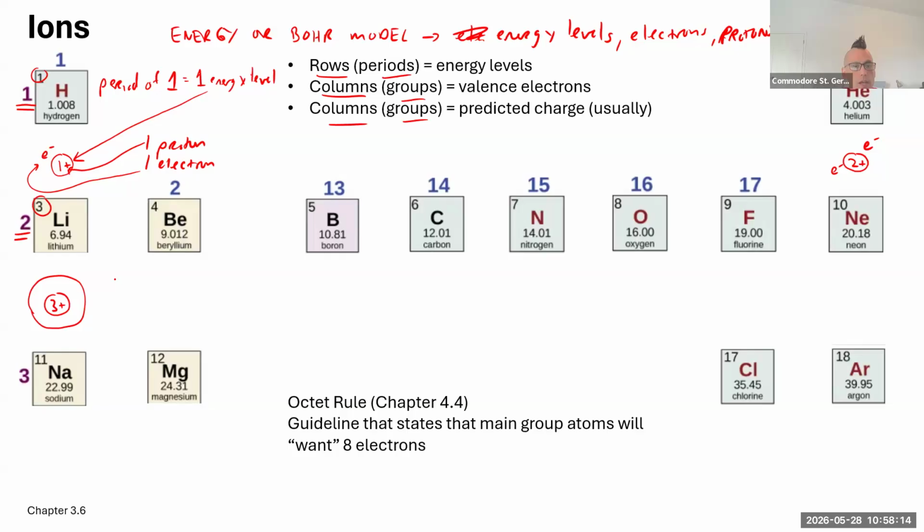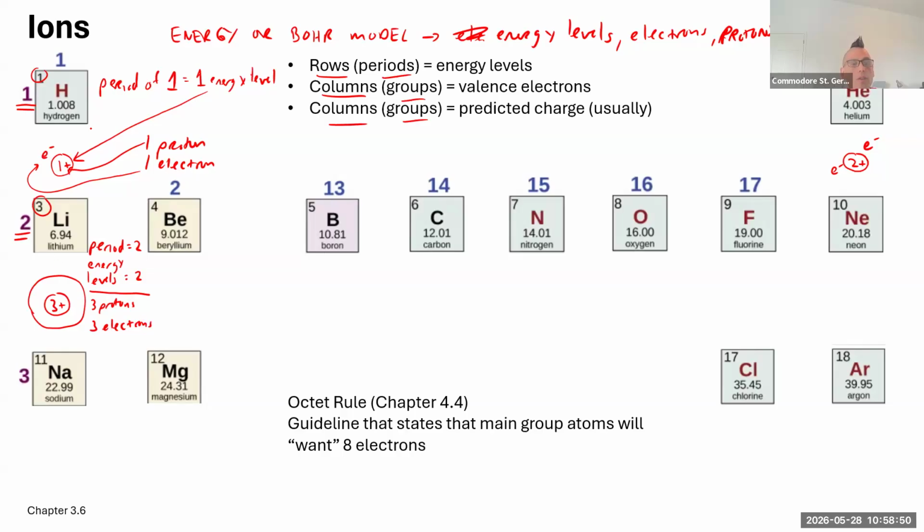Period equals two, so energy levels equal two. We're going to have three protons and three electrons.